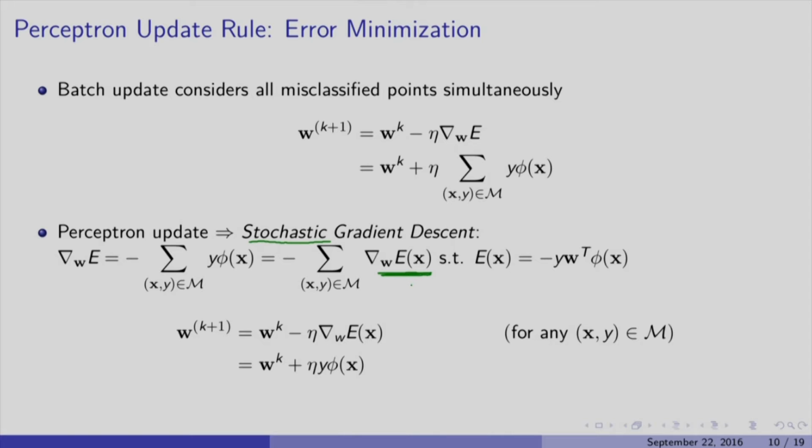And instead of taking the gradient of the entire error function, take the gradient with respect to that specific point, any of the misclassified points. So this is gradient descent for that specific point, which means you are trying to minimize the error incurred for a specific misclassified point. This is basically our perceptron algorithm.